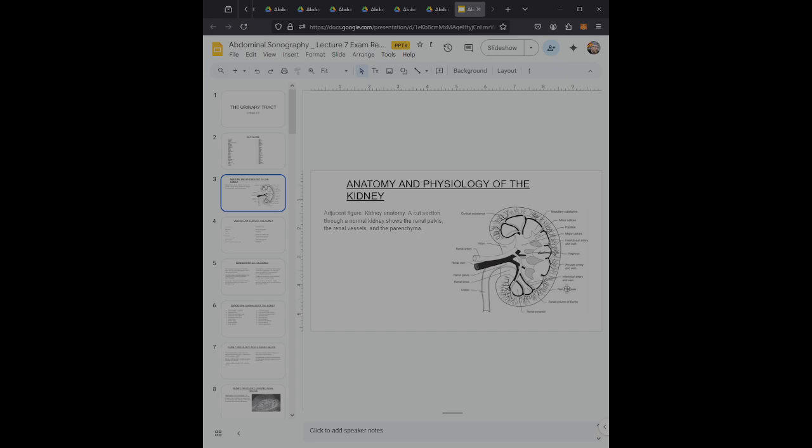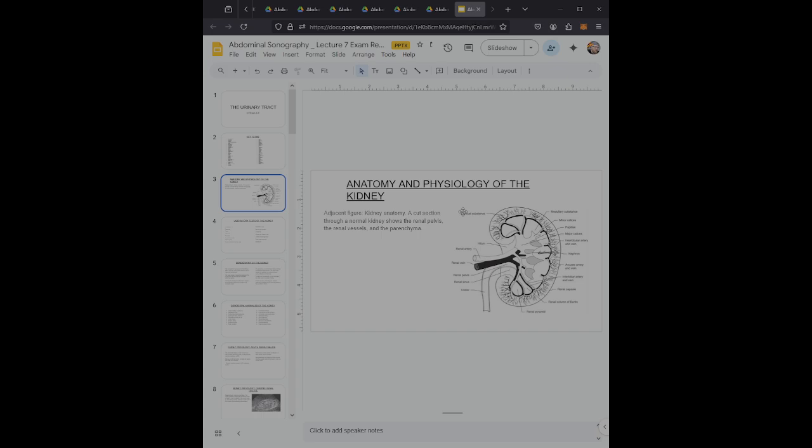And the kidney is made up of two parts. It's made up of a renal parenchyma and a renal sinus. And the parenchyma of the kidneys consists of the renal medulla and the renal cortex. And the renal medulla, or rather the inner part, is responsible for absorption.